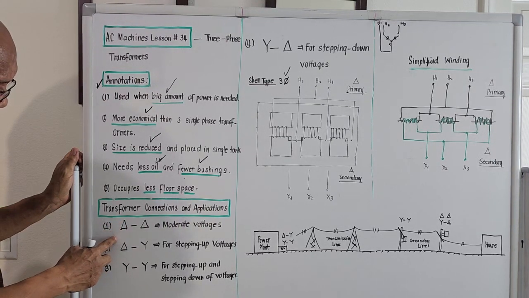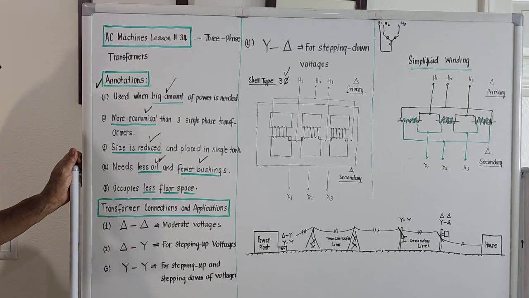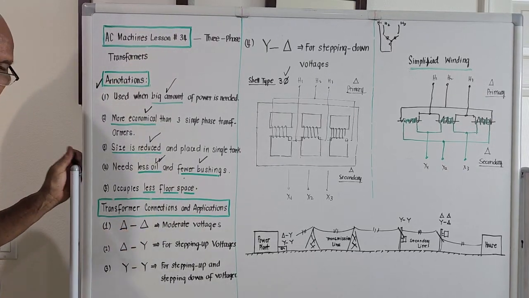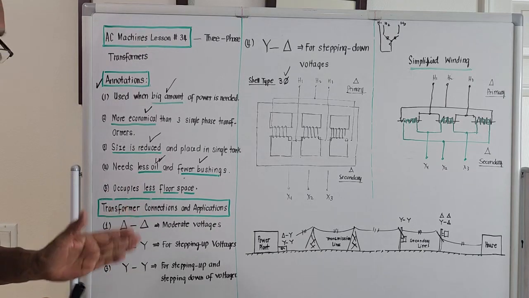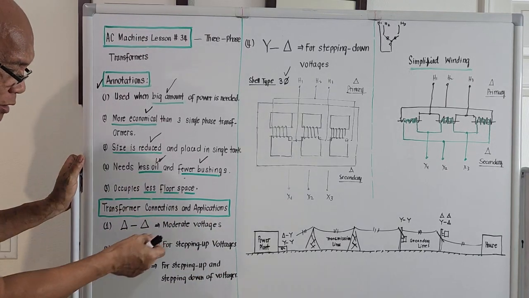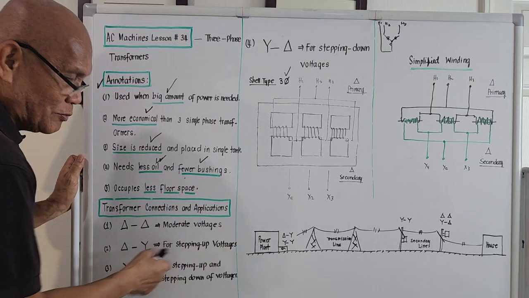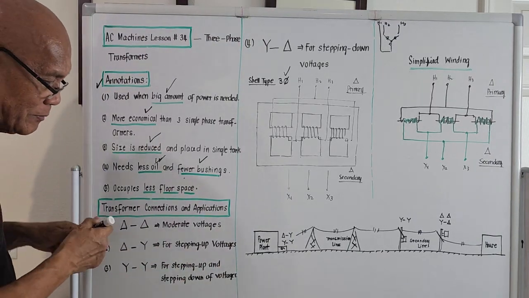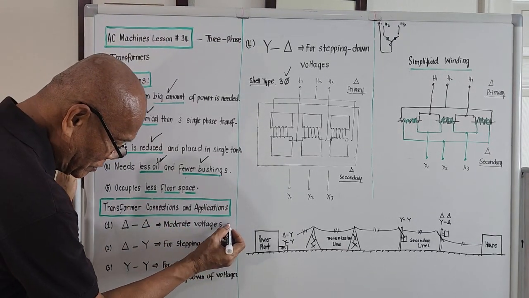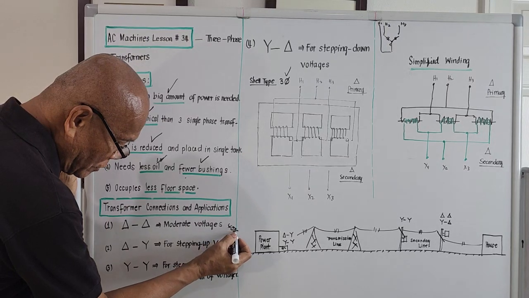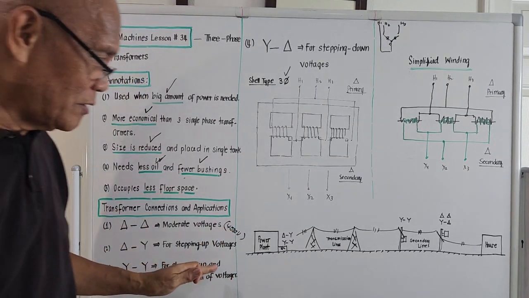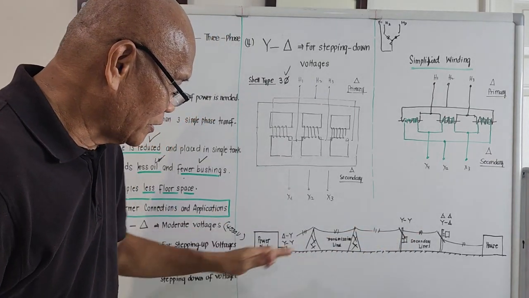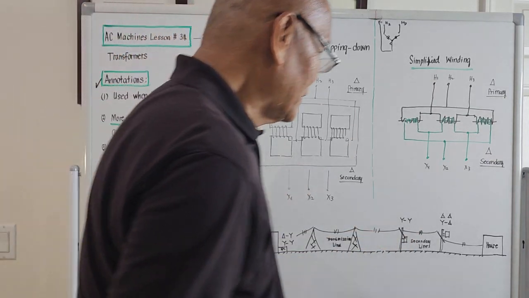So the first configuration is delta-delta, and why do we need to connect it in delta? The main reason is we use it for moderate voltages, meaning maybe around 4,000 volts. Where in the system will the voltage be 4,000?